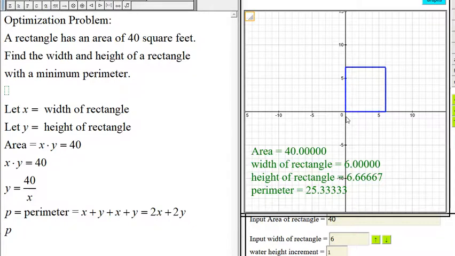Now we have the perimeter is going to be 2x plus 2 times y, and y is 40 over x. So we have 40 over x, so this becomes 2x plus 80 over x.